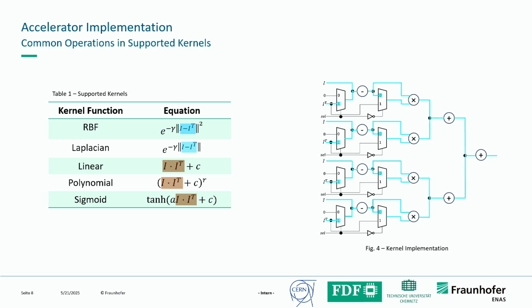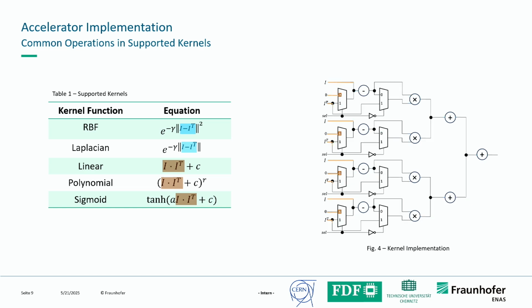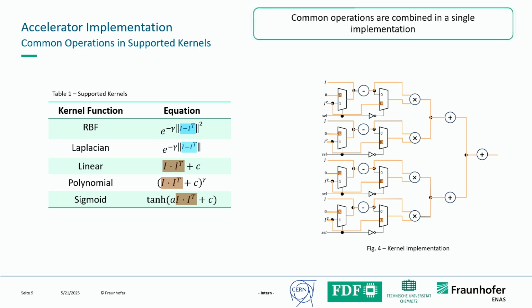But if you want to do the dot product, then it takes a different path. In that way, we can combine both operations in just one design in the static region.